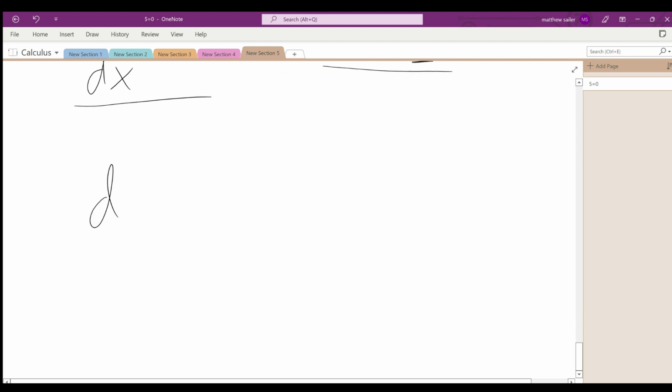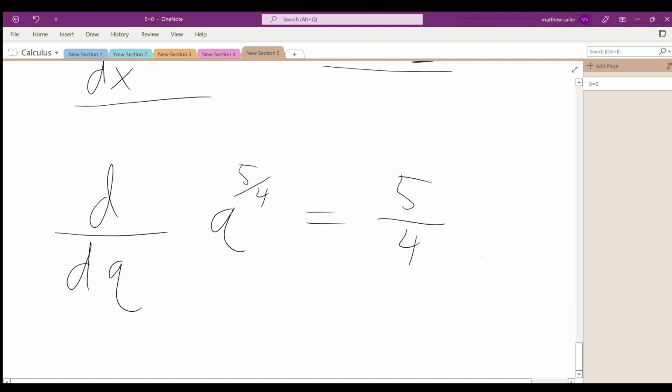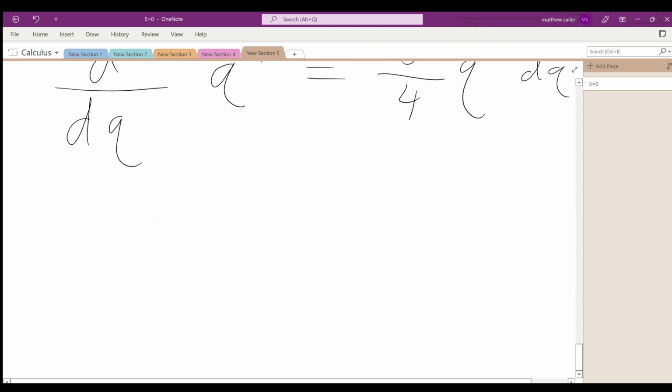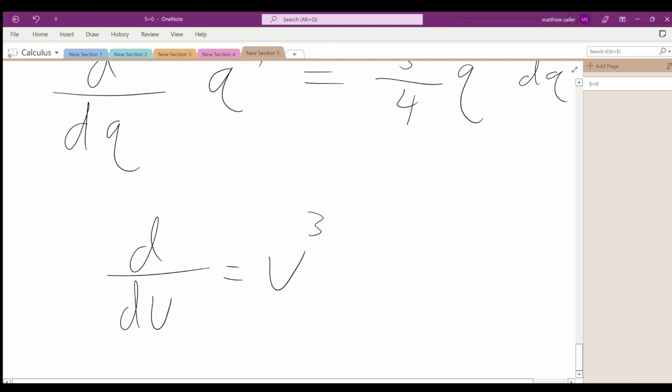So if we switch what we call the variable, d over dq of q to the 5/4 is 5/4 times q to the 1/4 dq, or d over du of u to the third equals 3u squared du.